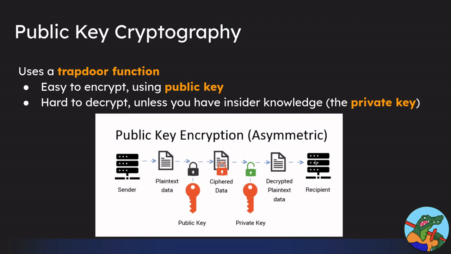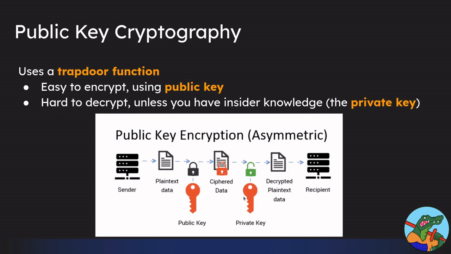So the idea is the recipient utilizes this. It's going to tell everyone, hey, here is my public key. You can use this to encrypt your communications. And if you encrypt it using this, then I'm the only one who can decrypt it, because I have a special private key that goes with it. And normally, it's really hard to decrypt.